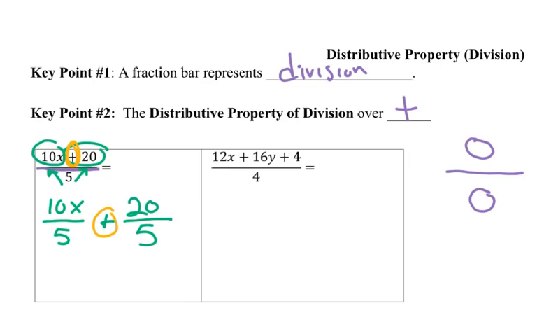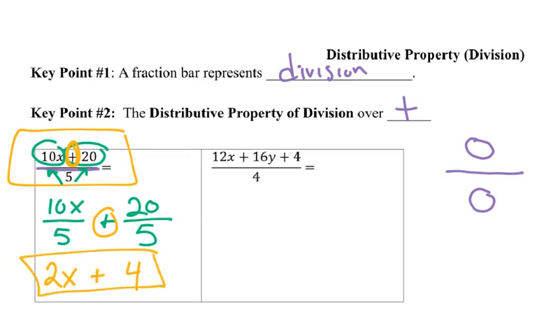So then we can simplify our expression. 10 divided by 5 is 2. We still need to keep the x there because we don't know if we can divide x by 5. So this simplifies to 2x. Keeping our plus sign, 20 divided by 5 is 4. So this simplifies to 2x plus 4.